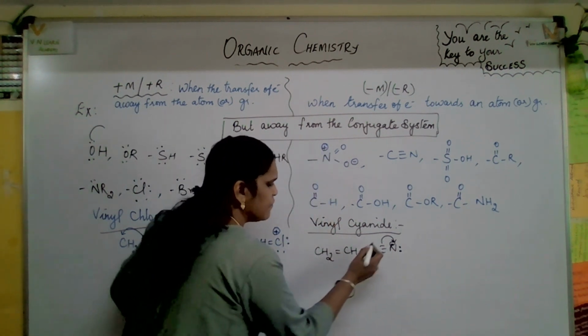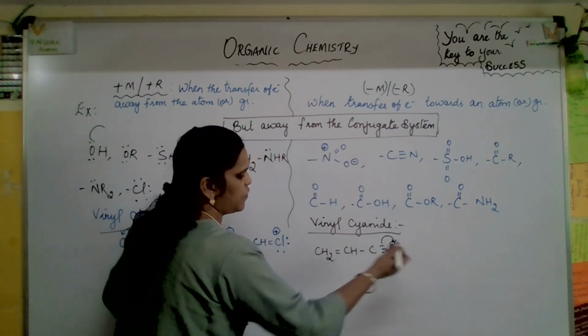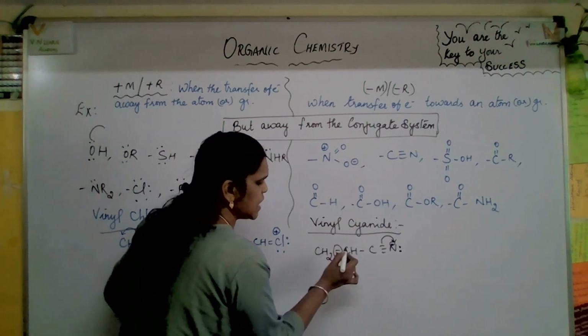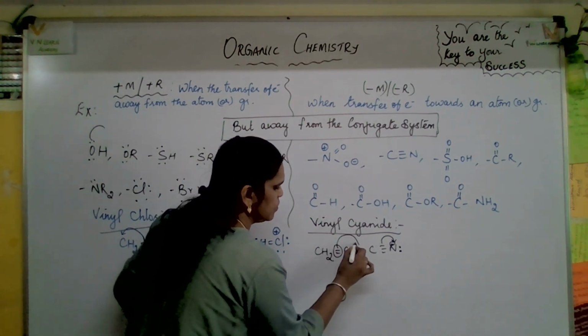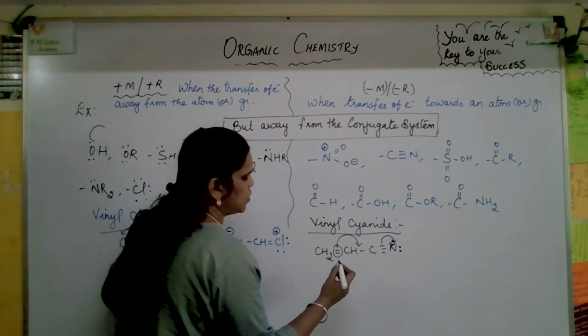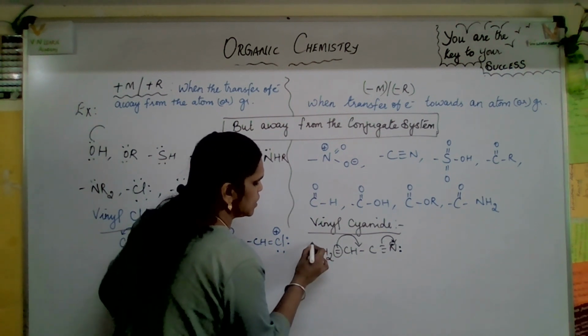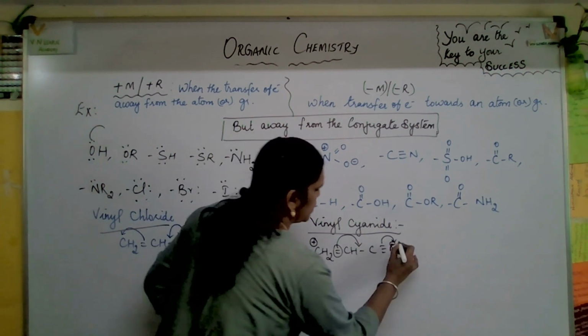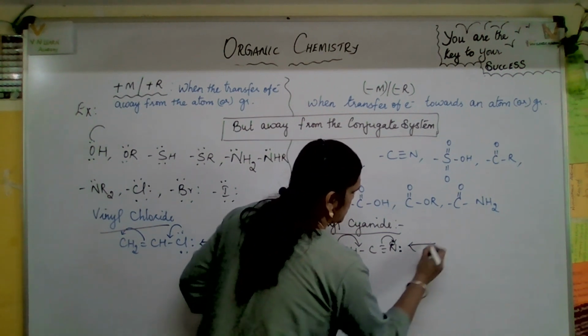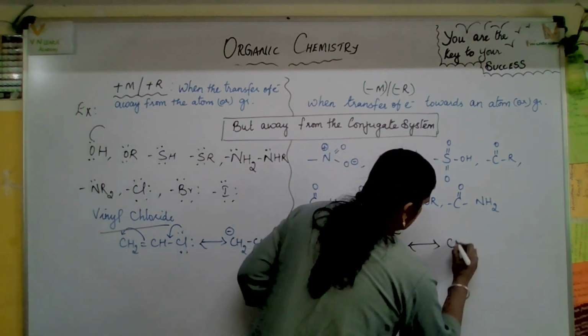So what happened? When this is shifting over, there automatically this double bond is there, no? So this is going to shift. So naturally you will get a plus charge, and you will get a minus charge. Okay, we'll see that canonical structure.